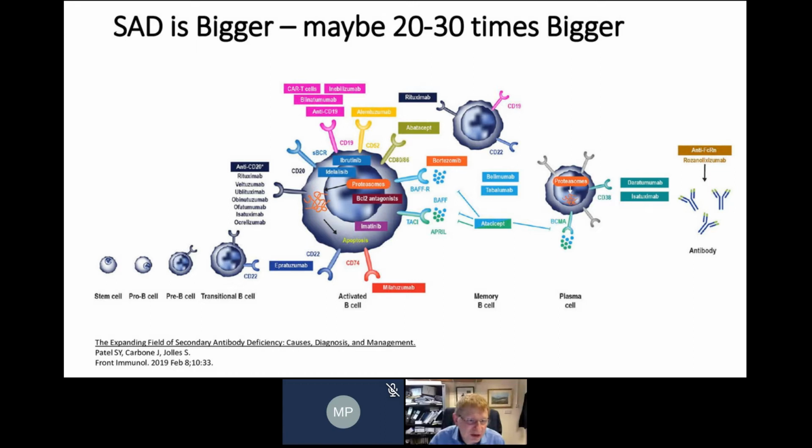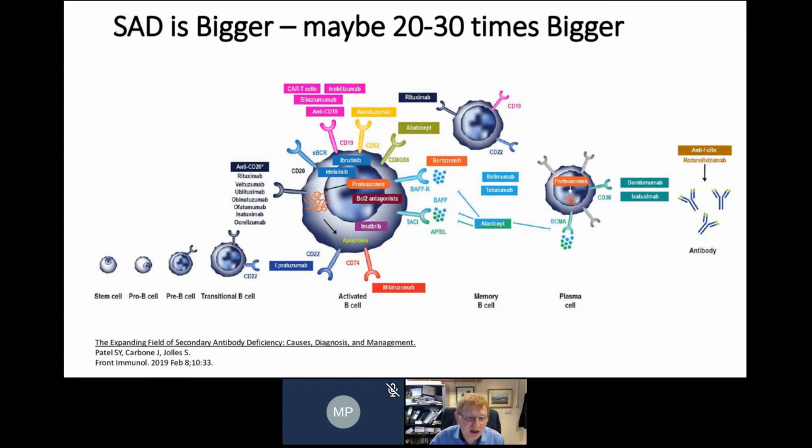The best known of which is perhaps rituximab, which is a monoclonal antibody that kills B cells. But we've got so good at this in treating, for example, hematological malignancies, but also autoimmune and inflammatory disease, that while we can help those diseases, the more we do, the more impact we may have in terms of creating antibody deficiency, while at the same time, of course, helping the primary disease.